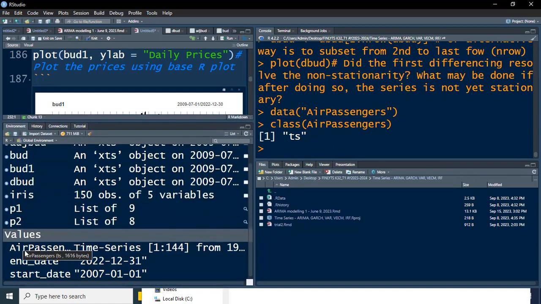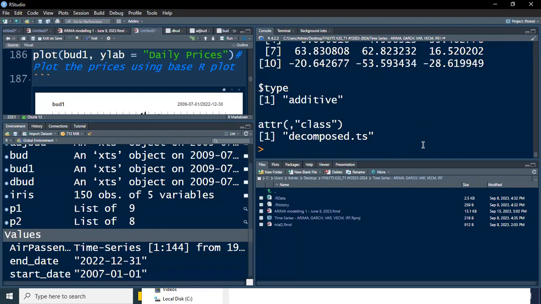And take note, class, air passengers, dito siya pumapasok sa values. Ibig sabihin, hindi siya data frame. In fact, it's just a vector consisting of time-dependent data. And we can use the decompose function. I-decompose natin siya. Okay, this is what was being asked by, sino nagtanong yun? Si Glenn. Okay, there's a function, decompose.